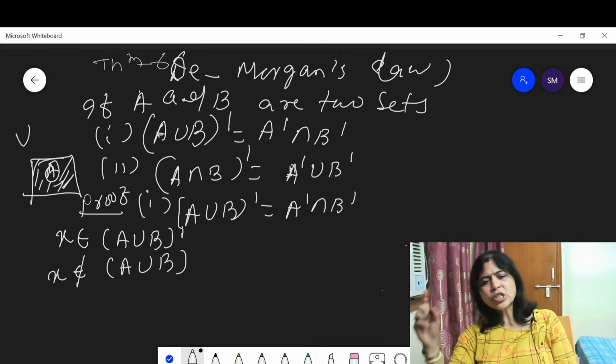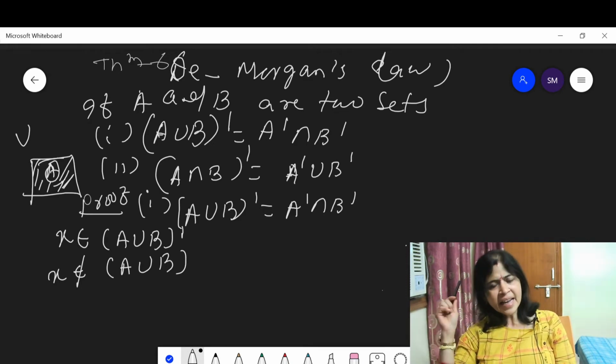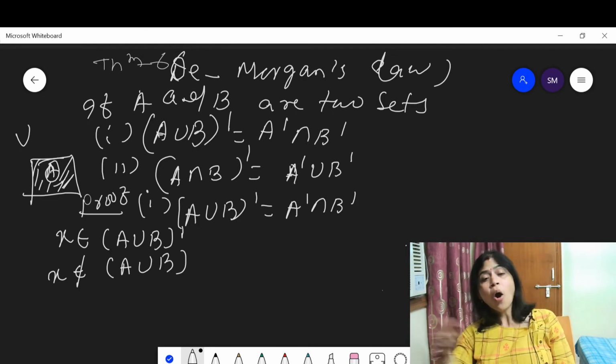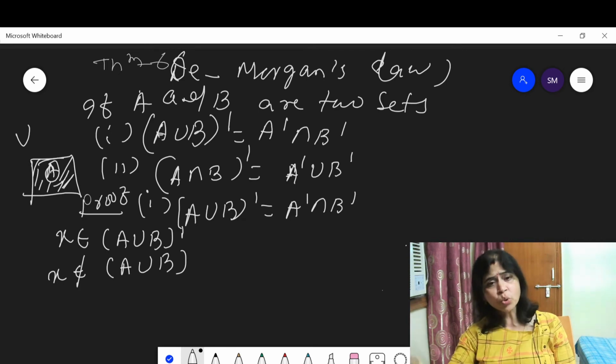Because please students recall, A dash means the universal set minus A. All those elements which belong to the universal set but don't belong to the set A. All those elements of the universal set excluding A. This is A dash.